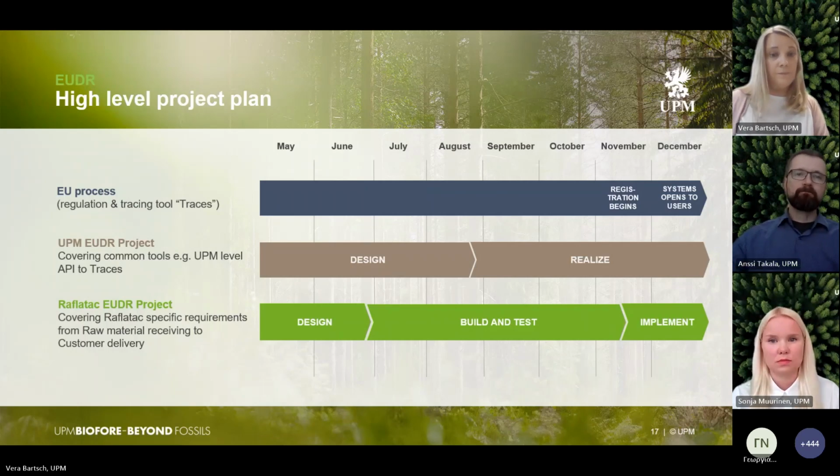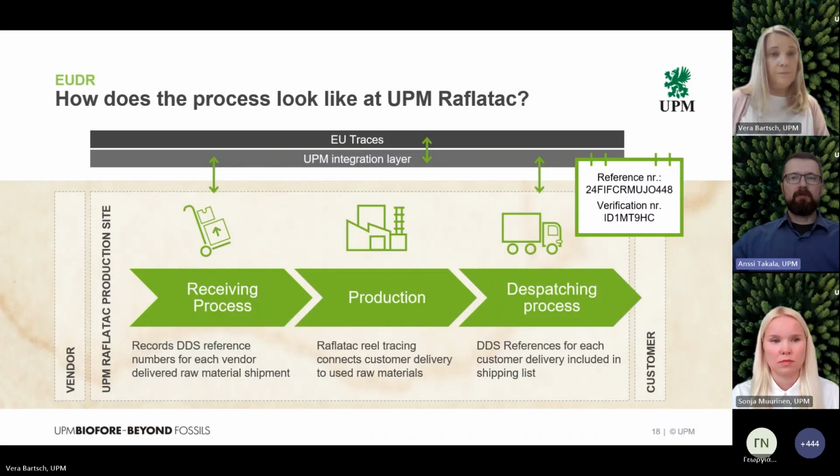Moving on from this high-level timeline to more details on the Raflatac system development itself. Here you can see a Raflatac production site. You, our customers, are on the right. You have placed an order and we will produce the goods and send them to you.